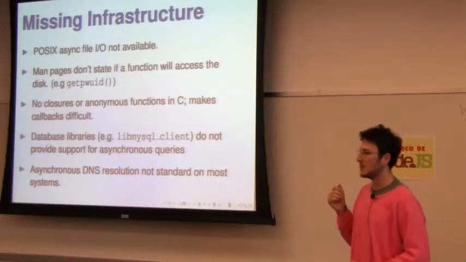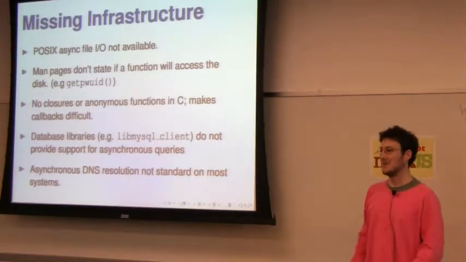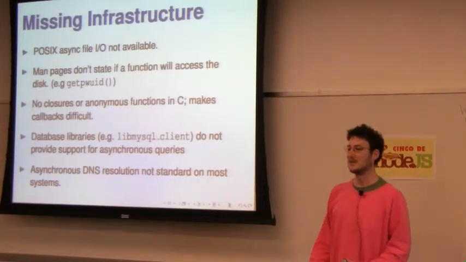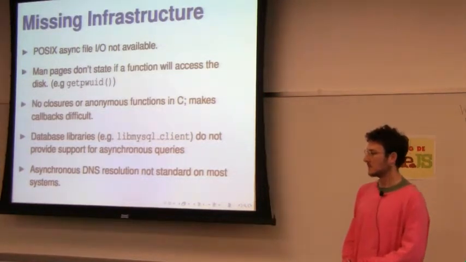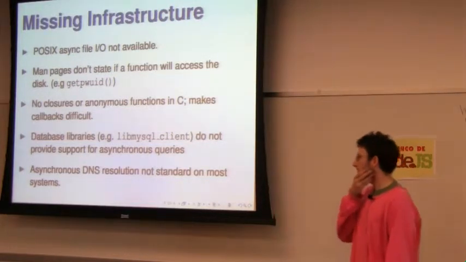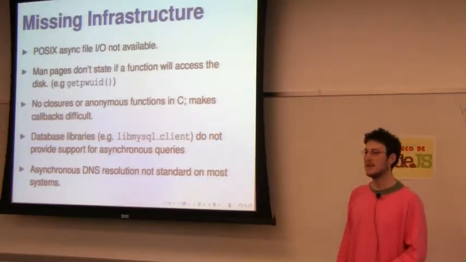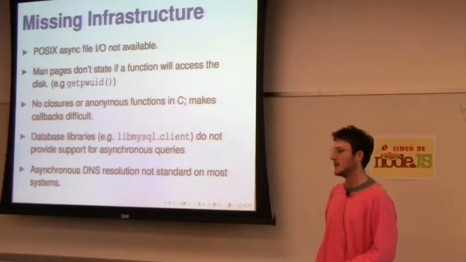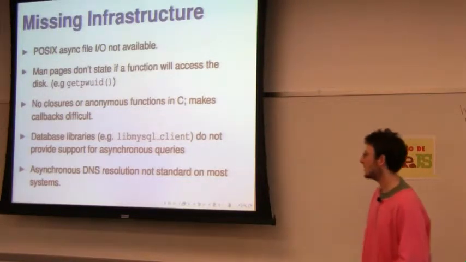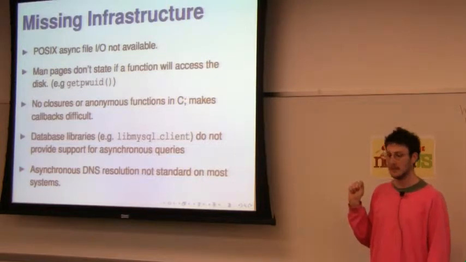And a really big problem is asynchronous DNS resolution. It's not there. It's unavailable. You have to block on DNS resolution. These days, people have been writing libraries to get around this. But if you don't have these things in place, and you just want to sit down and write a program, you just can't get around these roadblocks, right? Not unless you're willing to rewrite libmysqlclient.